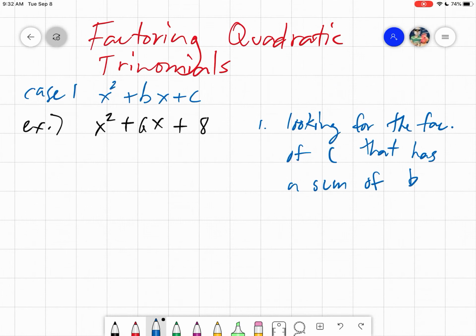This is mostly trial and error. So let's try the factors of 8. The factors of 8 are simply 4 times 2.